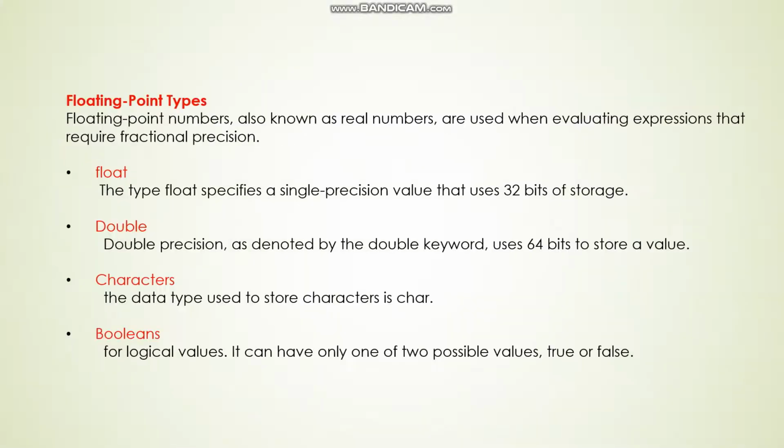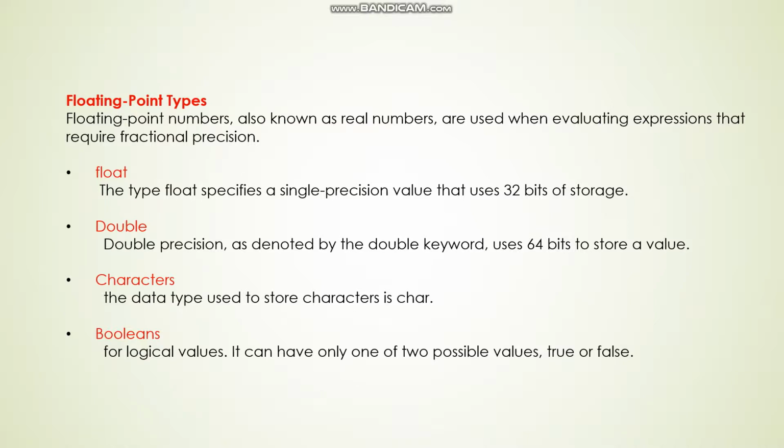Floating point types. Floating point numbers are also known as real numbers and are used when evaluating expressions that require fractional precision. For example, calculations such as square root or mathematical functions like sine and cosine result in a value whose precision requires a floating point type.